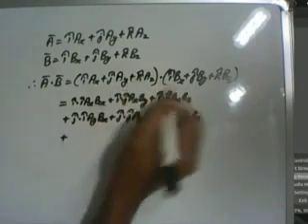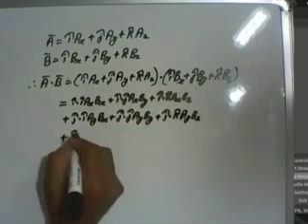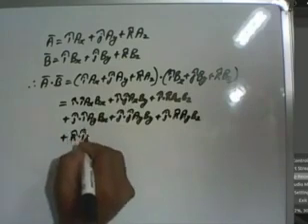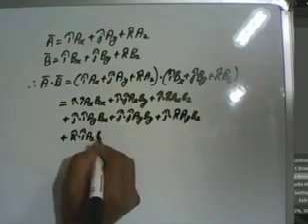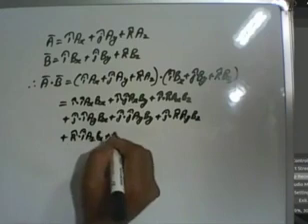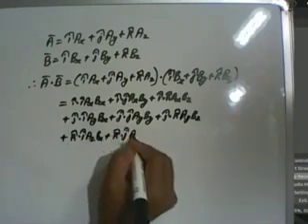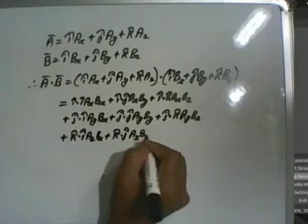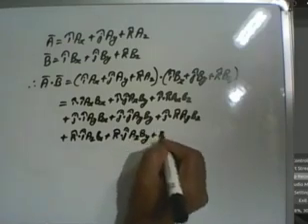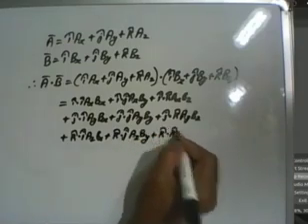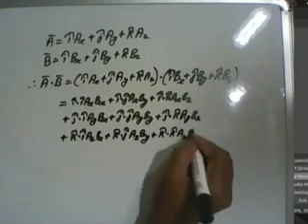Then with the third term k dot i az bx plus k dot j az by plus k dot k az bz.